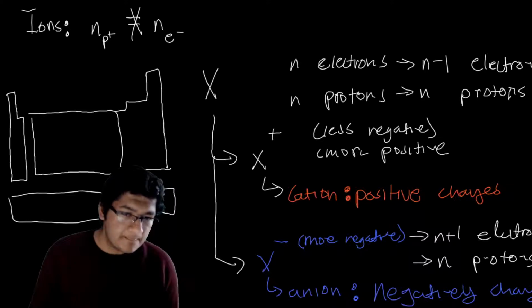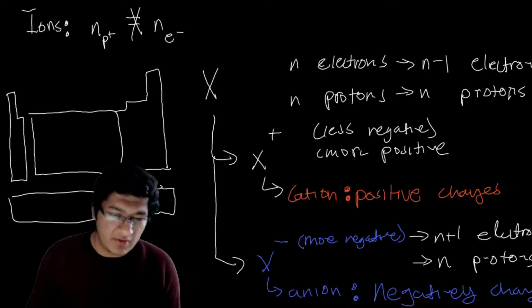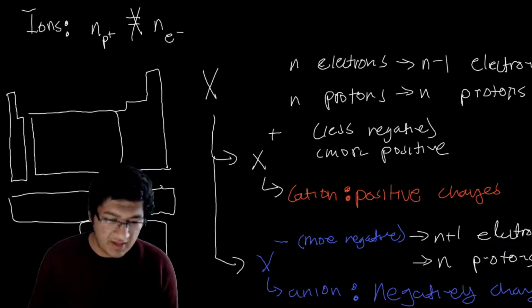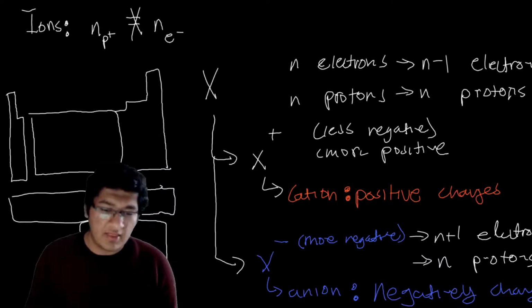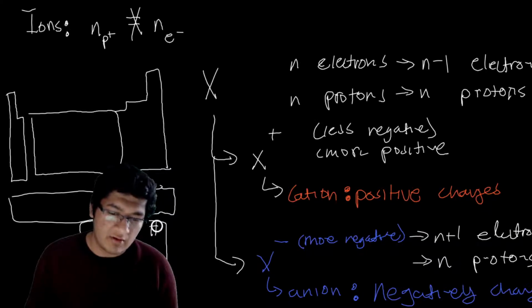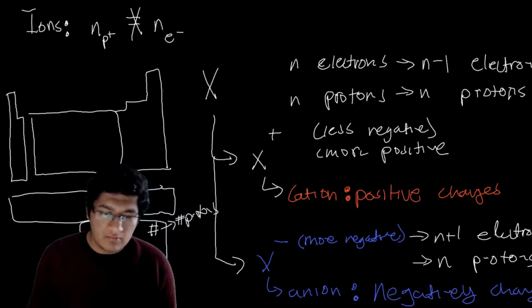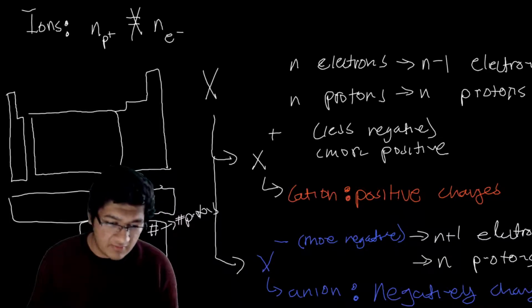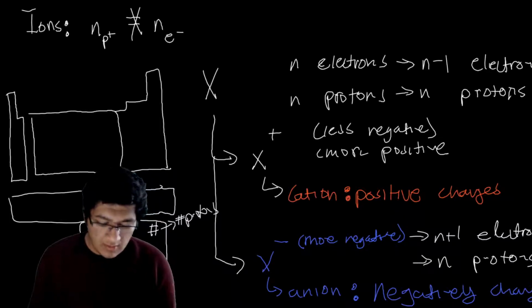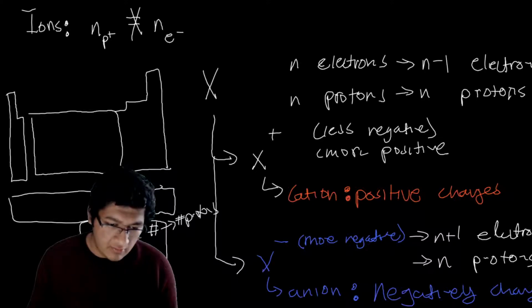So when you're looking at an entry in the periodic table, it'll usually look something like this. We have an element. Let's have the symbol be X. And then it'll have the number over here, the atomic number. This atomic number shows the number of protons. And then it will say the name over here. And finally, it'll have the weight down here.